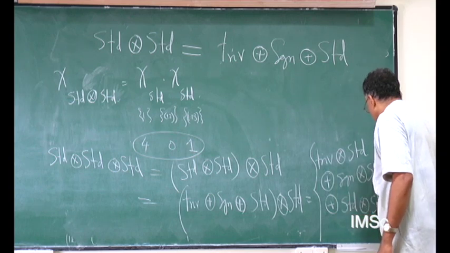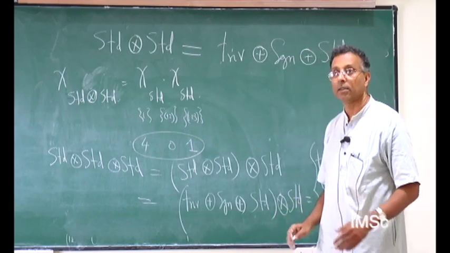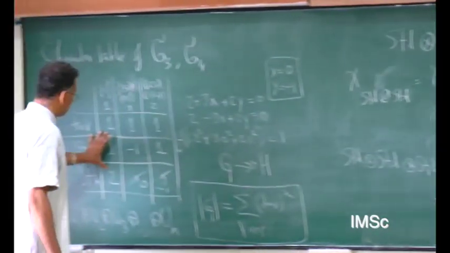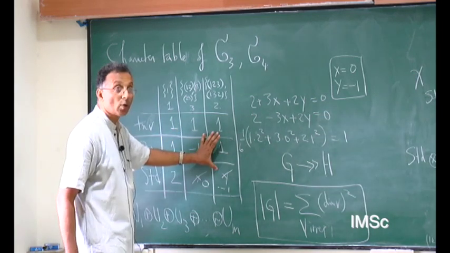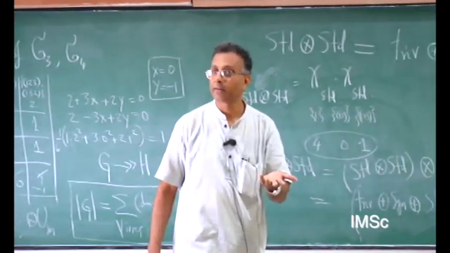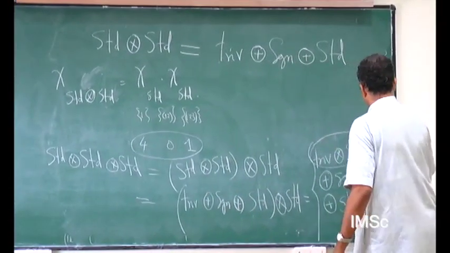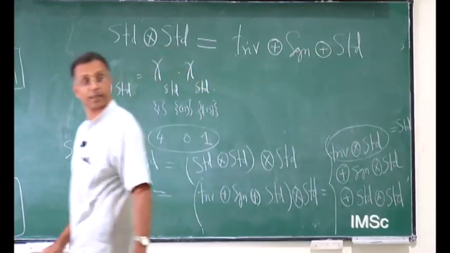Okay, and what is triv tensor standard? Well, I take the inner product, which gives me 2, 0, minus 1, which is the same. Triv tensor anything is equal to itself. This is standard. How about sine tensor standard?